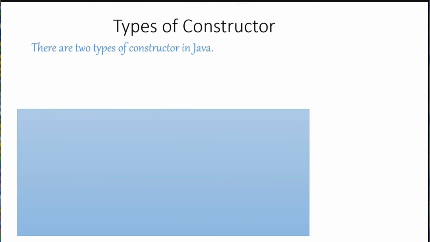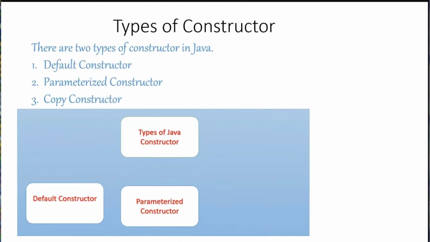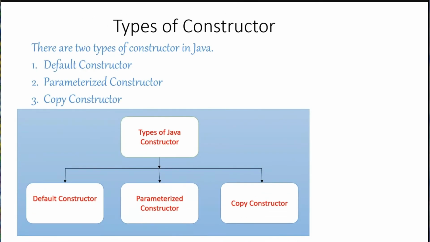Then I have another slide, again slightly advanced, but you can note it down. One is called a default constructor. The constructor I made earlier, in which no parameters are there, is called a default constructor. Then you can have a parameterized constructor also.